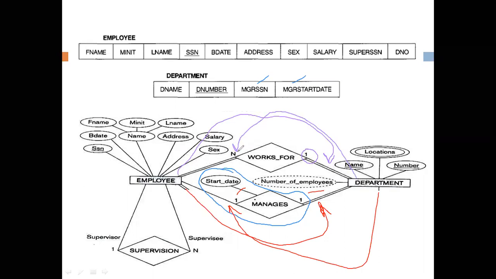That is n, so n is written over here. Whenever we want to indicate cardinality ratios like this, we have to define these kinds of statements. One department, how many employees? One employee, how many departments? One manager, how many departments? One department, how many managers? Like that we need to ask the question ourselves and write these numbers.